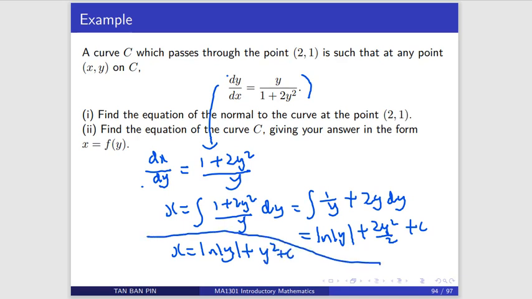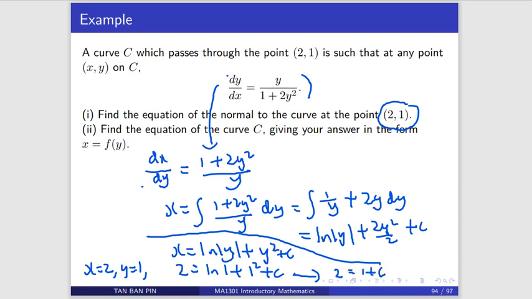And then you can use the point (2, 1) to solve for c. So you can say x is 2, y is 1. So 2 equals ln 1 plus 1 squared plus c. And this will give you 2 equal to 1 plus c, since ln 1 is 0.